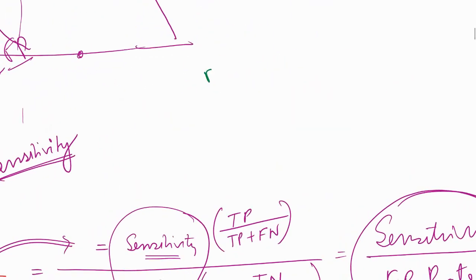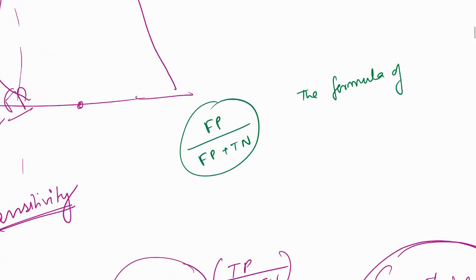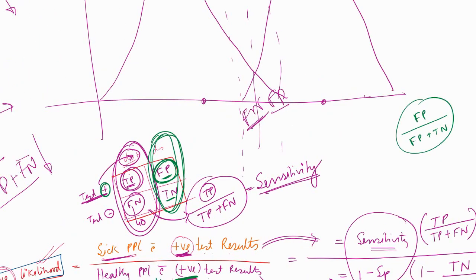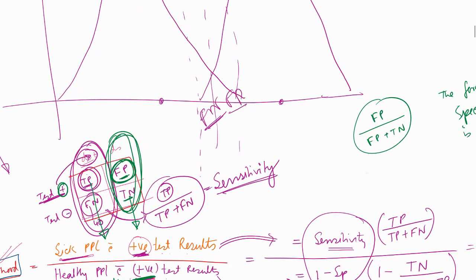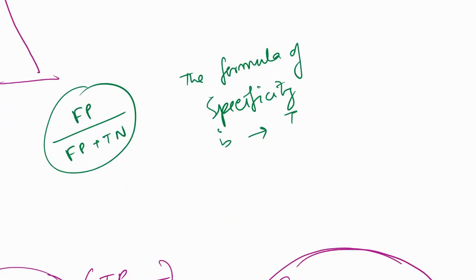Now, this is sensitivity and this is specificity, and the formula of specificity is true negative by true negative plus false positive.